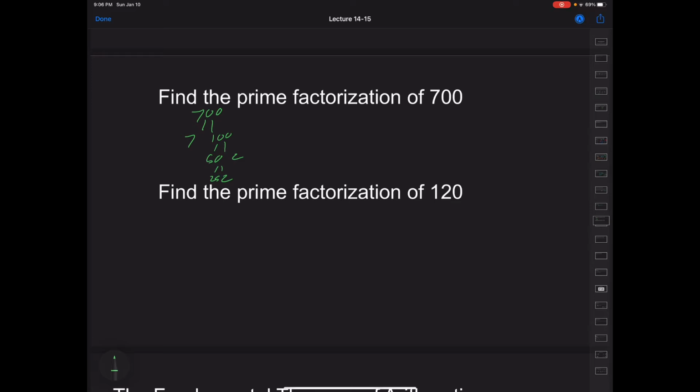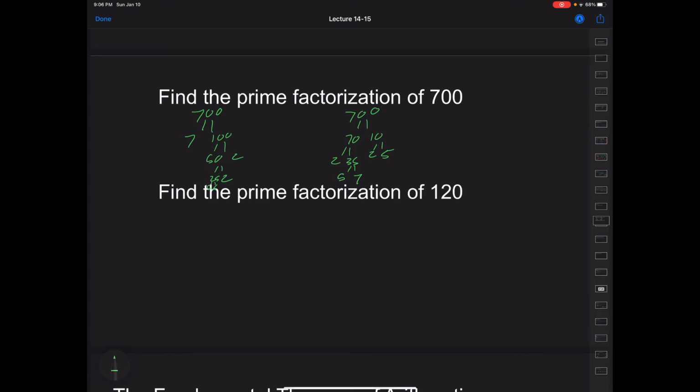But if I want to prime factorize 700, I could also start with 70 and 10. Here's 2 and 5. Here is 2 and 35, which is 5 and 7. And you notice that I end up with 5 and 5. I end up with the same prime factorization.